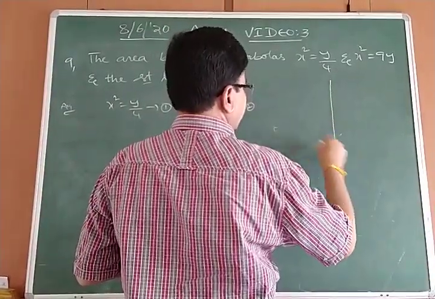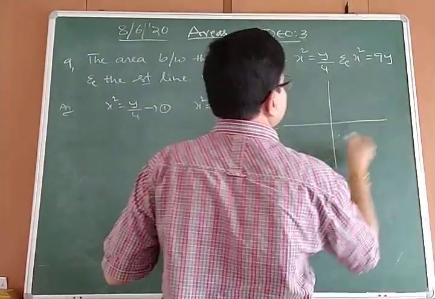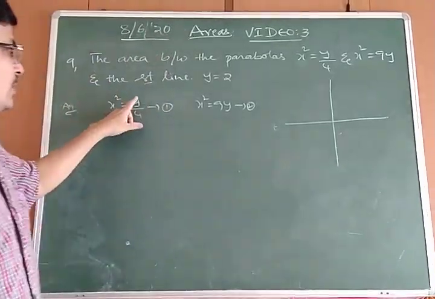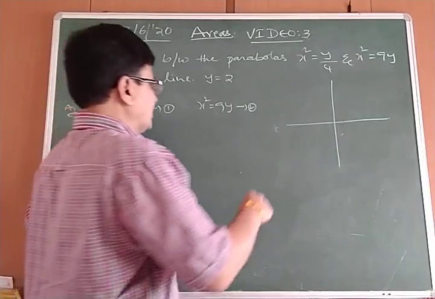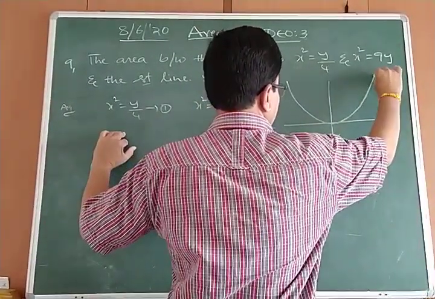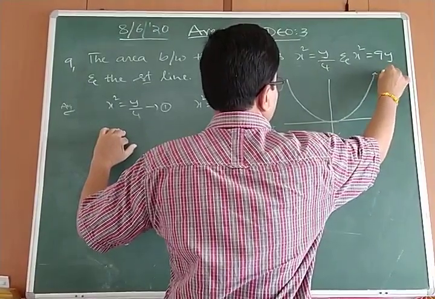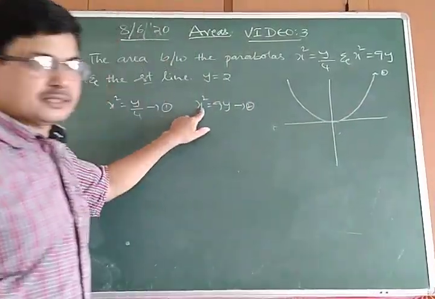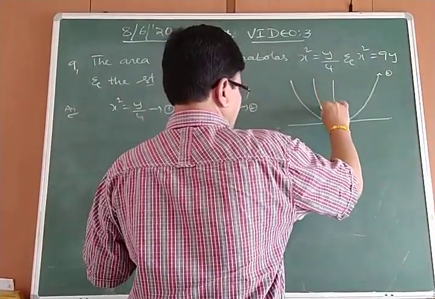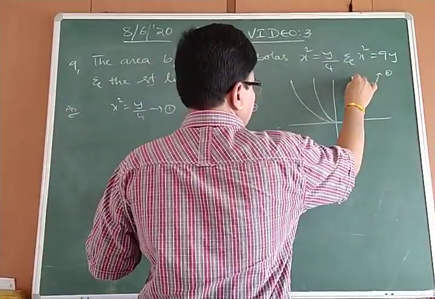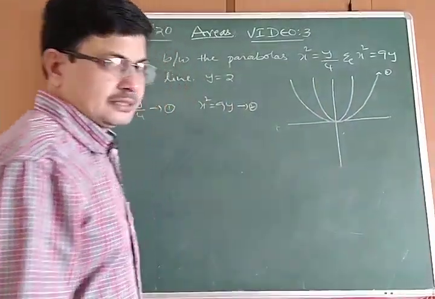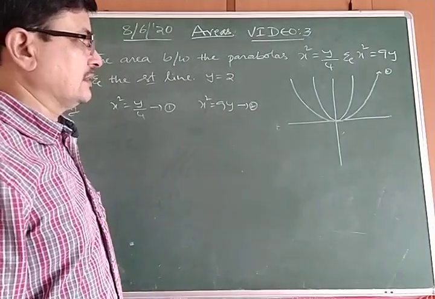Now it is the coordinate axes, y axis and x axis. x square is equal to 4y, that represents a parabola like this. This is the first parabola. And x square is equal to 9y, that is the other parabola which also passes through the origin, and this is also symmetric about the positive y axis, like this.